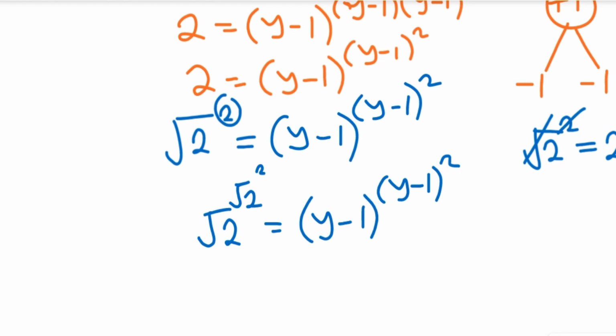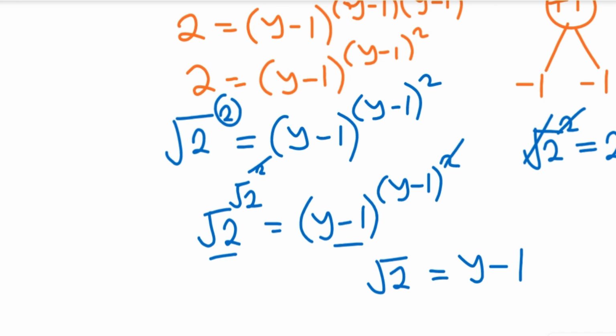So you can see that we have a common square. The square will clear, and from that expression, you can see that both the base and the power are the same. So we take one option: square root of 2 equal to y minus 1.